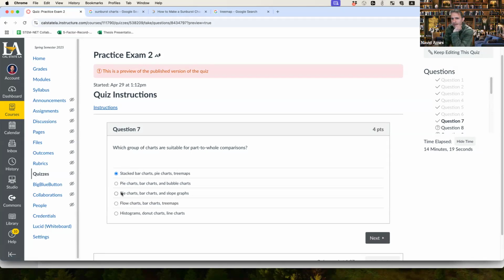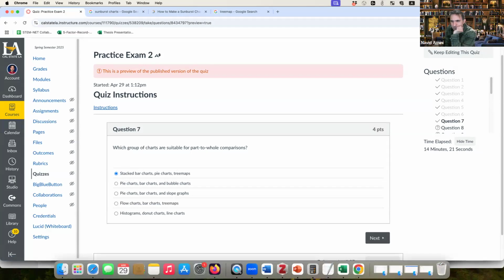It's number 1. Okay, for part 2 whole, bar chart should not be one of the answers. So you can eliminate these 3 answers. And histograms are irrelevant here. With histograms, we cannot do part 2 whole, nor can we do part to part. It's for something else.